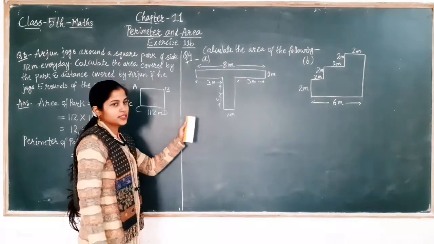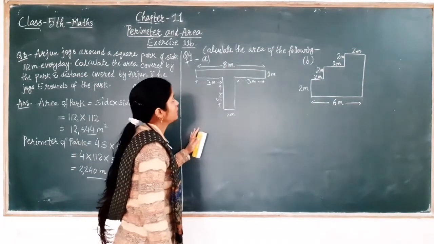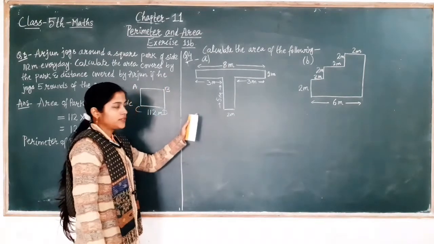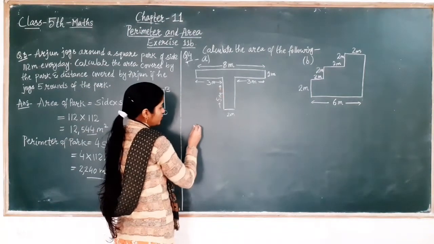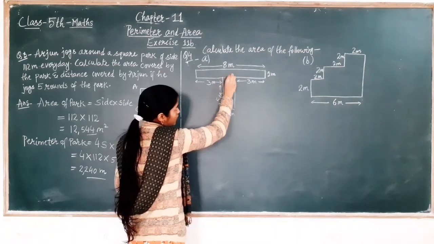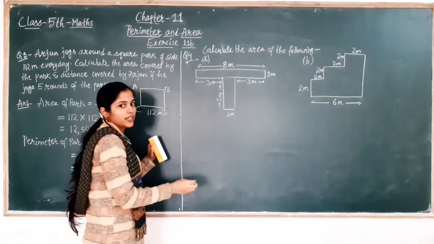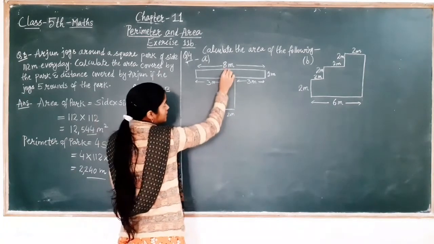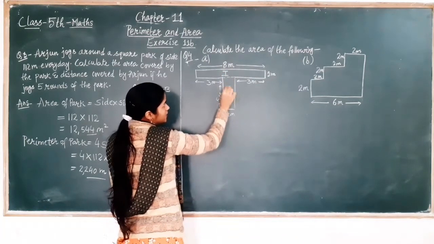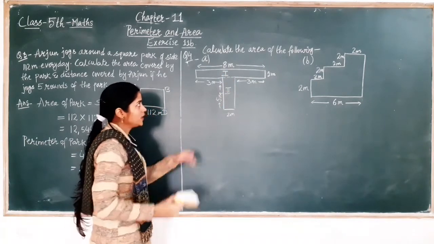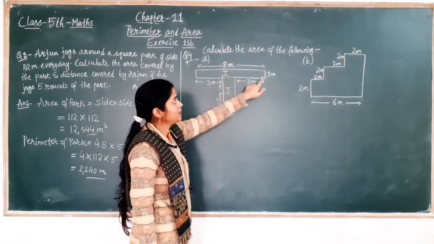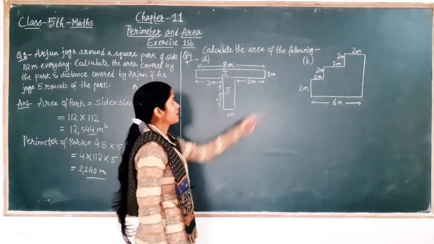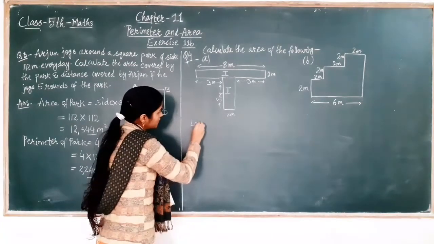Now we'll see our next question, that is to calculate the area of the following. The first figure has been given to us, and we have to divide the figure into two regions. This is region 1 and this is region 2. In the first region, we have been given the length as 8 meters and the breadth as 1 meter.